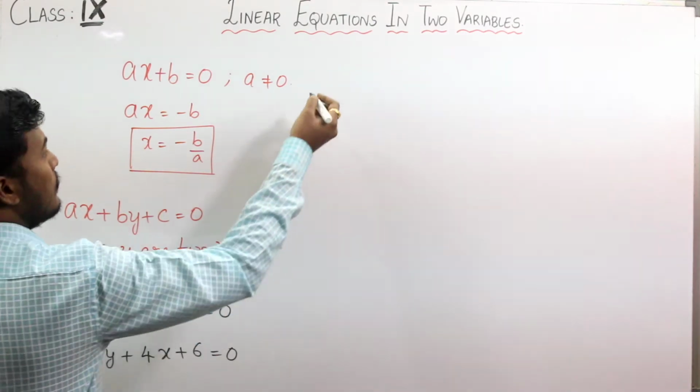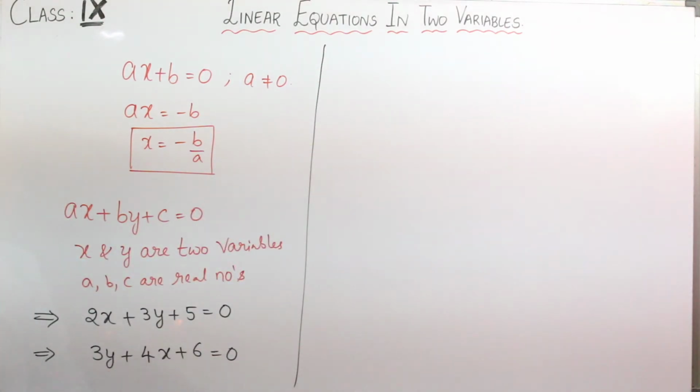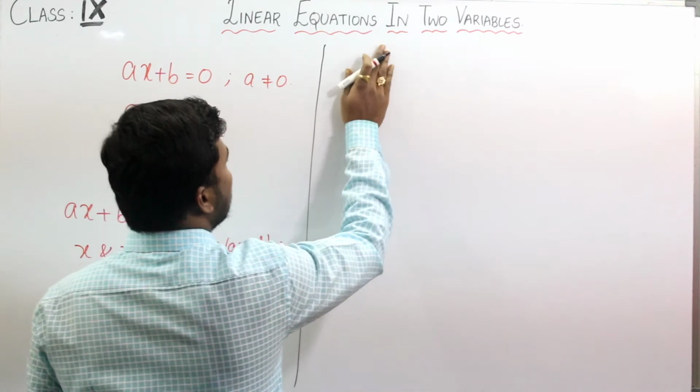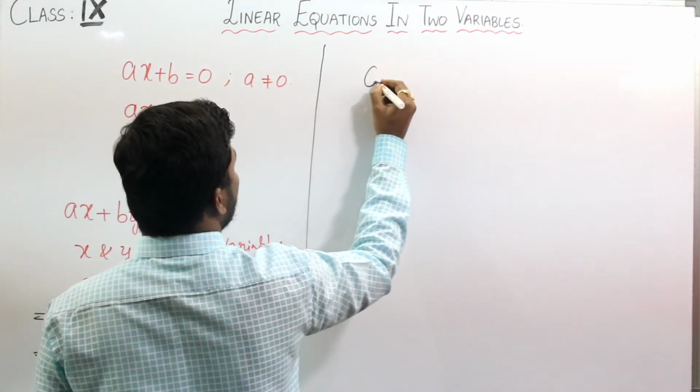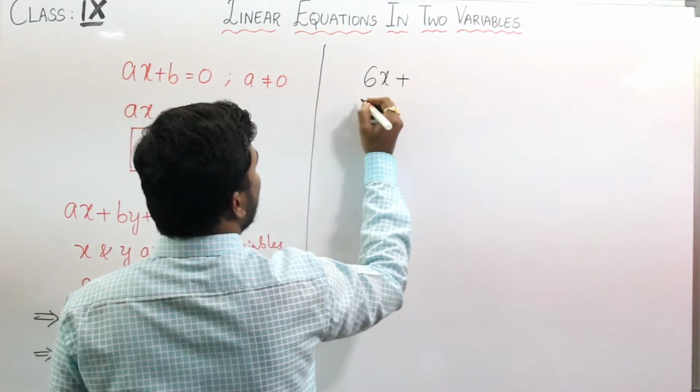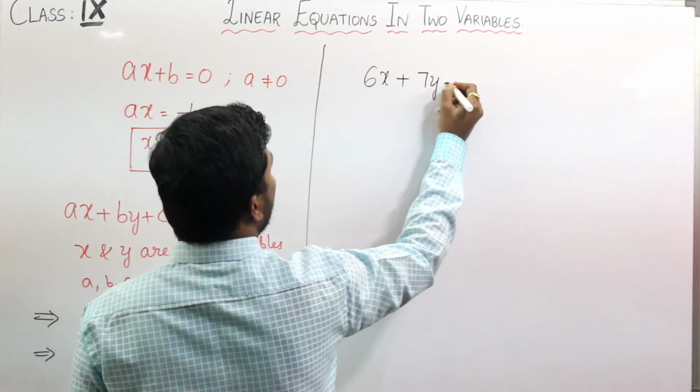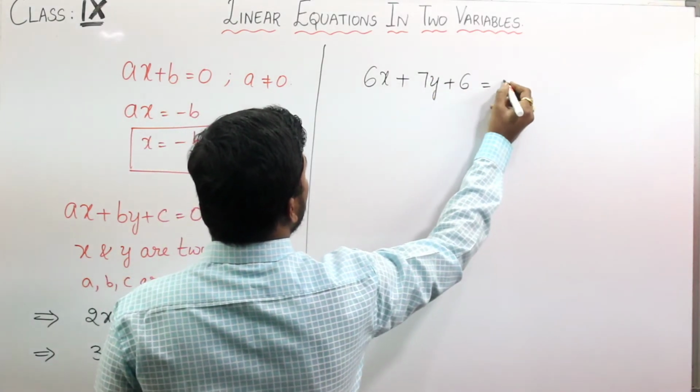Now let us write the coefficients of them. Suppose let us consider the equation 6x plus 7y plus 6 is equal to 0.